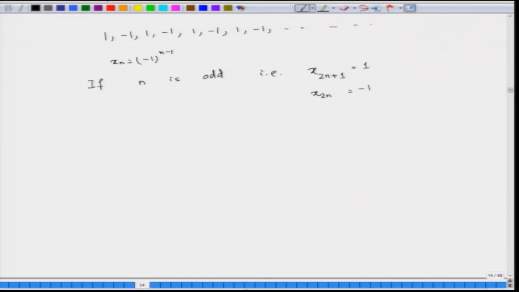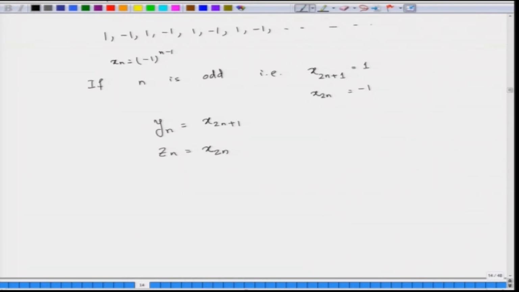Now, if I define a sequence y_n equal to x_{2n+1}, again this y_n is a sequence, and being the constant sequence 1, it converges. Similarly, if we define z_n equal to x_{2n}, then z_n is the constant sequence -1, so this also converges.